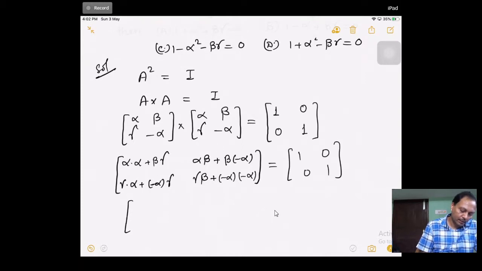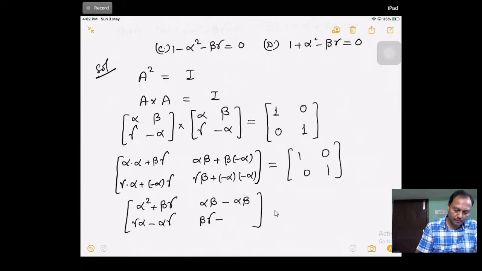You can see here it is alpha square plus beta gamma. Here it is alpha beta minus alpha beta, gamma alpha minus alpha gamma. It is beta gamma plus alpha square.